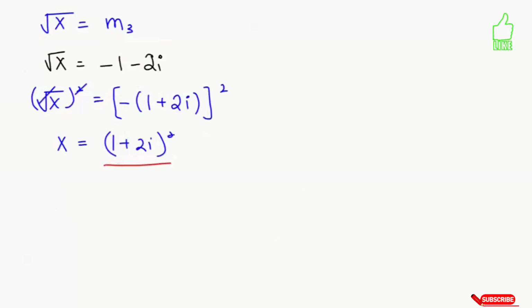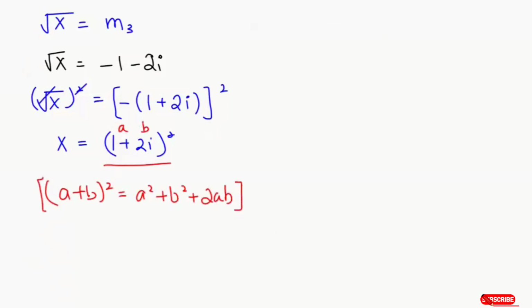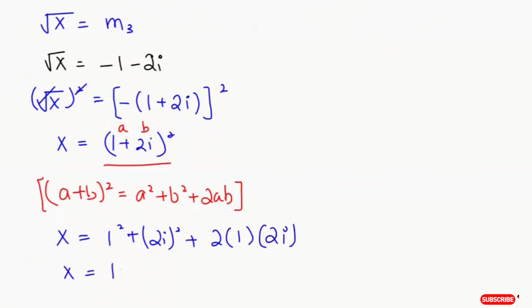Now here I'm going to apply the same algebraic identity. This is our a and b value we have. x is equal to 1 square plus 2 iota square plus 2 times 1, and b we have 2 iota. And this will be equal to 1 plus 4 iota square and plus 4 iota.